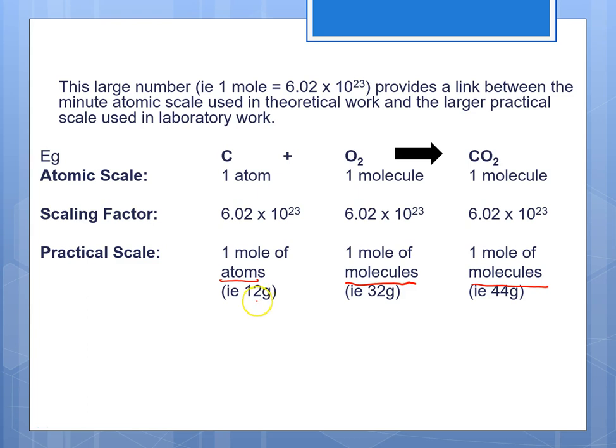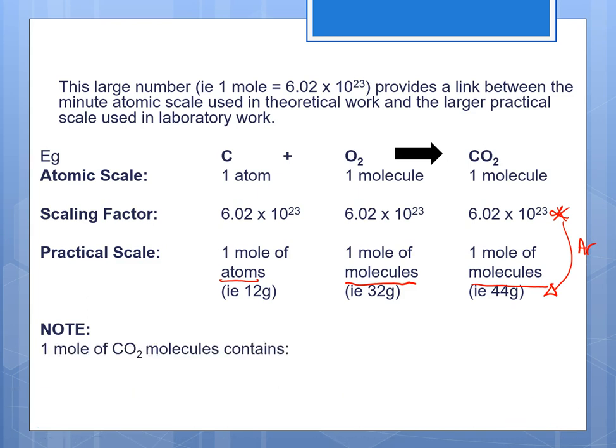So we can say that 12 grams of carbon will react with 32 grams, which happens to be the mass of 1 mole of oxygen, and 44 grams of carbon dioxide will be produced. So we can see here that we're linking this idea of how many particles to an actual mass. And we do that by going through our relative atomic mass, which we will look at shortly.